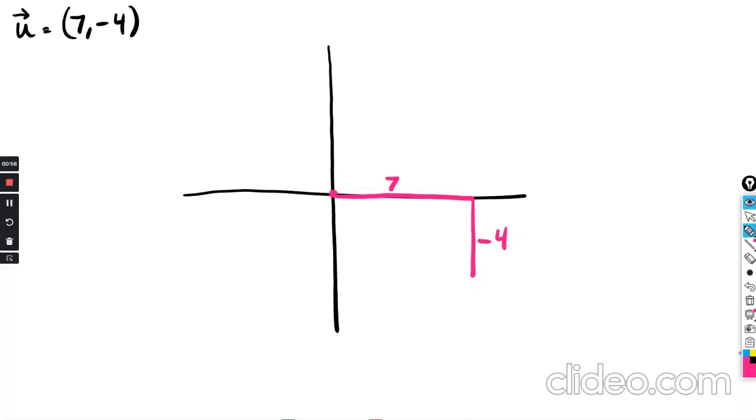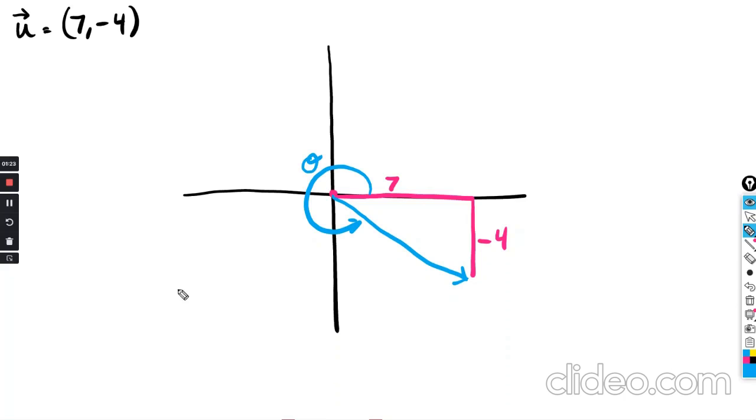That means our vector starts at the origin and goes right there. We want to find the angle theta that starts from the x-axis.